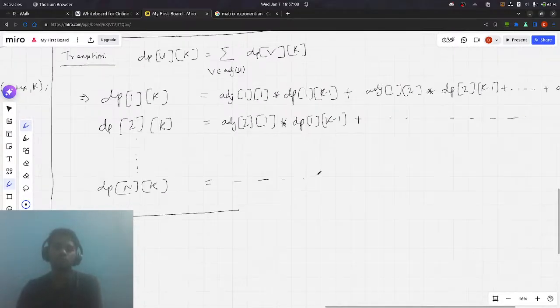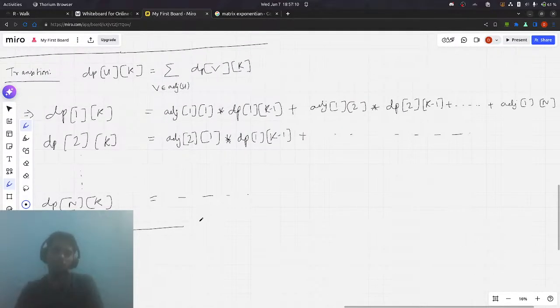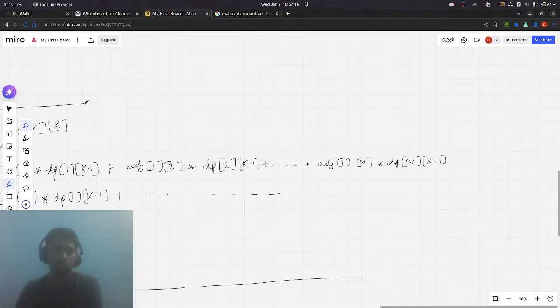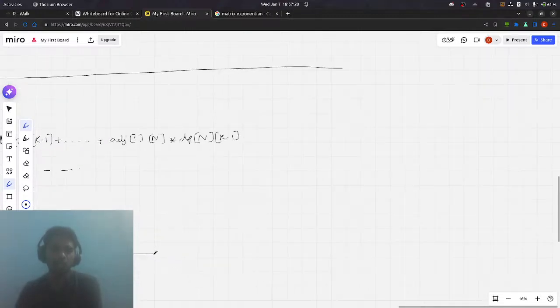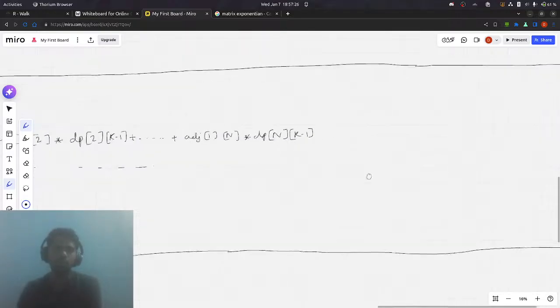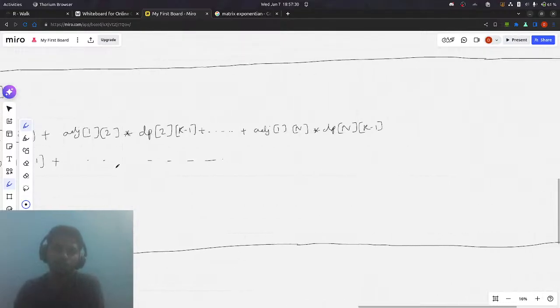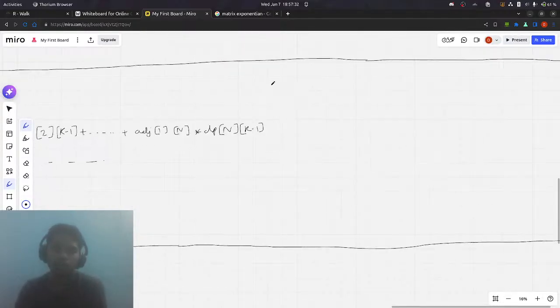Okay, so if you know about matrices, we can actually represent this whole calculation in a simpler and more readable format. This entire n lines of equations we can convert into this.